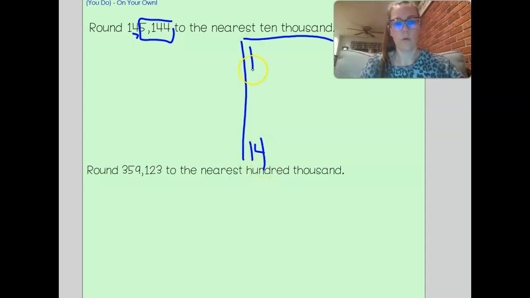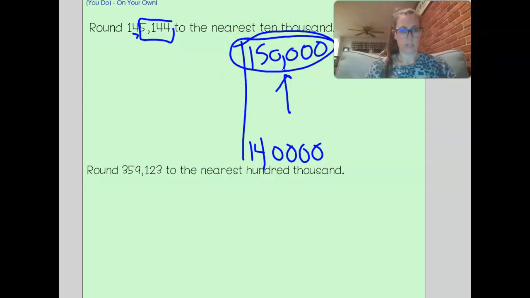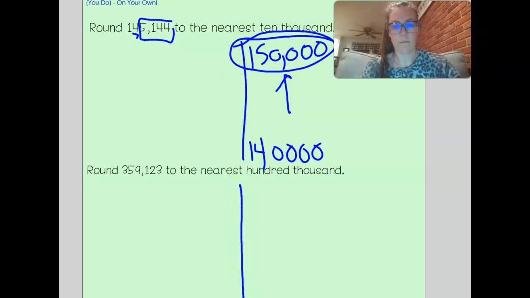So I'm going to do one more, which is 15. Count the digits in the box, 4 digits. The first digit in the box is a 5. So I'm going to round up. It rounds to 150,000.